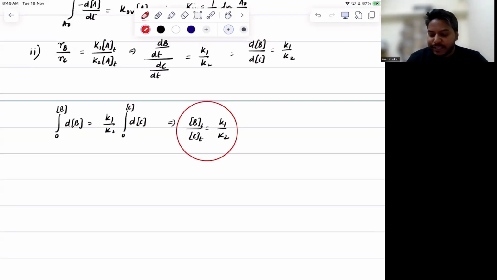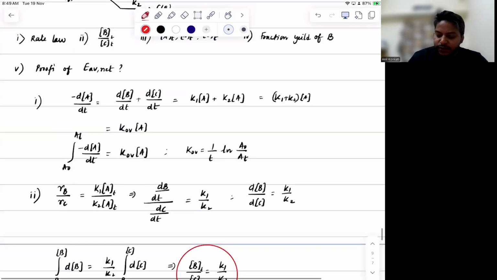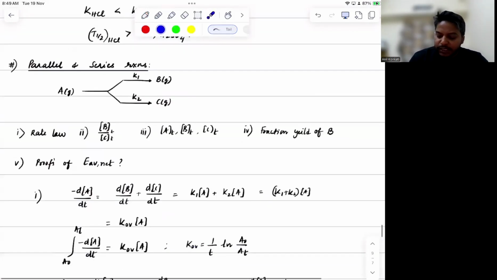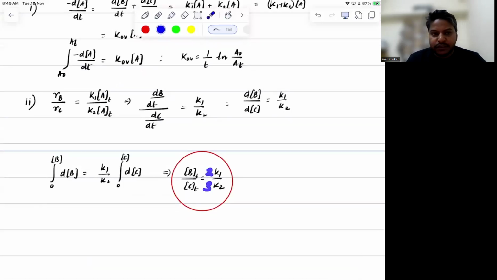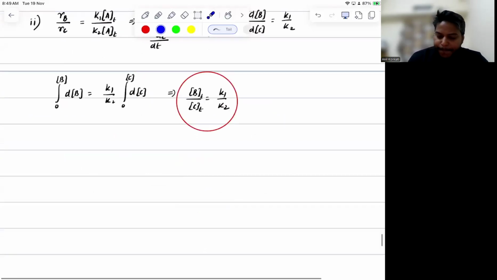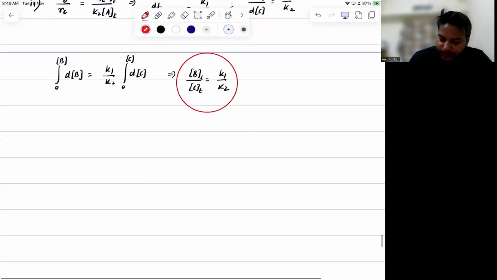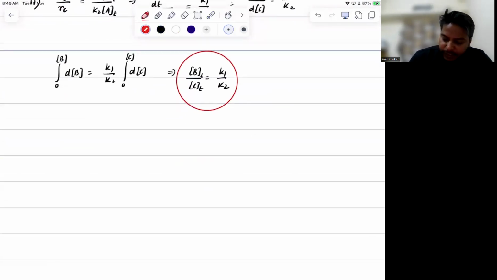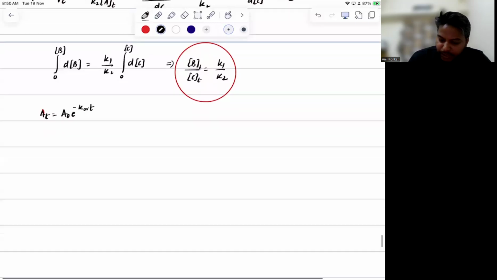In this case, if I change these values to 2K1 and 3K1, then the ratio will be accordingly 2K1 and 3K1. Those types of questions we will do. Next, we know that At is equal to A naught e raised to the power of minus K overall into t. Then how much will A naught be?